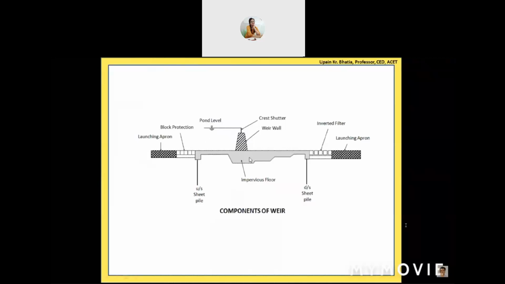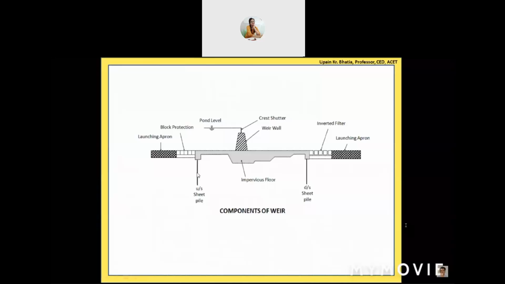So on the upstream end of the impervious floor, we have installed this upstream sheet pile. Here also we have installed a sheet pile because it is on the downstream side, so it is called the downstream sheet pile. What you are seeing is just a line over here, but it is mentioned that it is a sheet. So why is it a sheet?